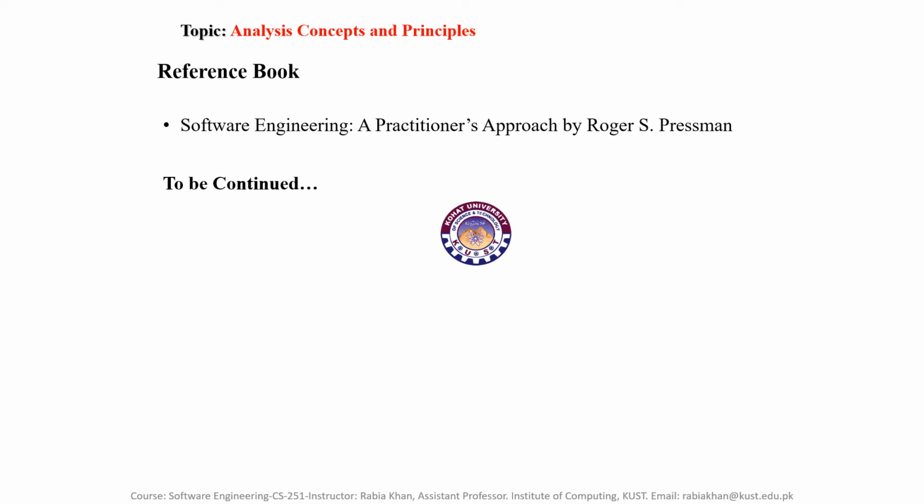Information is something that you collect from the user, the data or the information which is actually being treated within the current atmosphere of the user. So you have to use that information, that data to implement the software solution. Information has 3 aspects that we discussed in today's lecture.